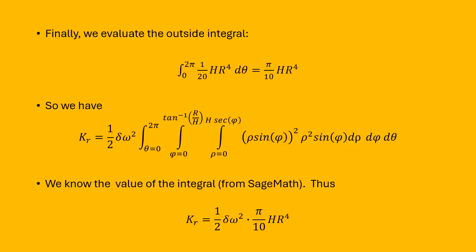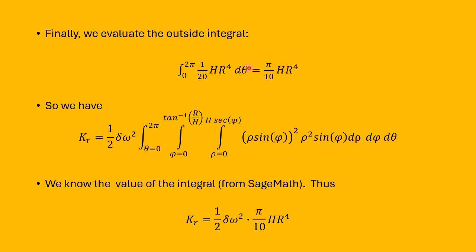To complete the evaluation of our iterated integral, we now have to evaluate the last integral, the outside integral, the integral from 0 to 2 pi, 1/20th hr to the 4th d theta. This doesn't depend on theta at all, so our integral is just 2 pi times this stuff, and that simplifies to pi over 10 hr to the 4th.